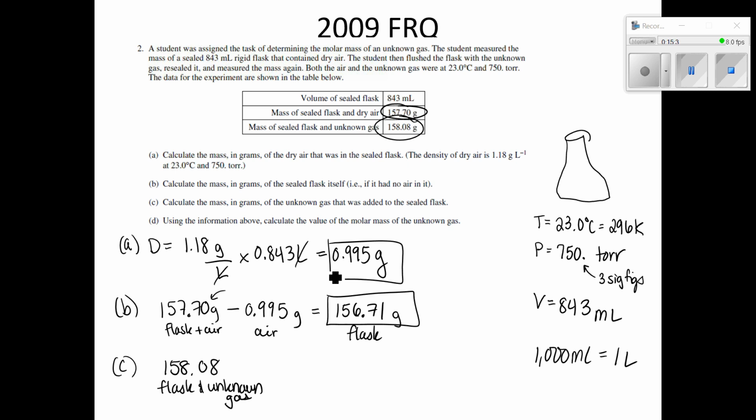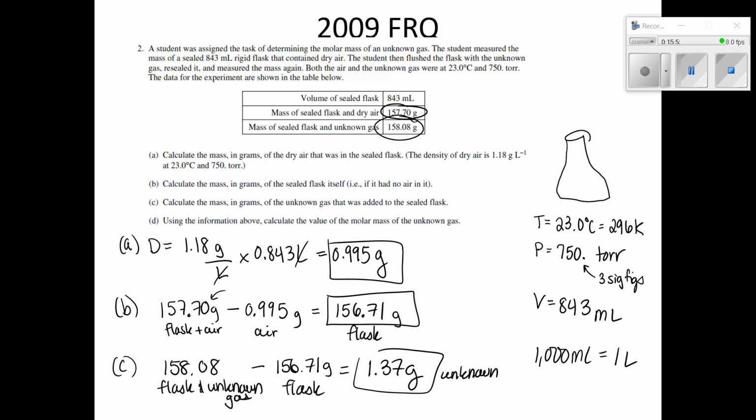That's what A and B are involving. Now we're putting some unknown gas there into your flask. And then we're going to subtract the mass of the flask alone. And that will give us the mass of the unknown gas, 1.37 grams. So that's our unknown. This value has 3 sig figs in it.